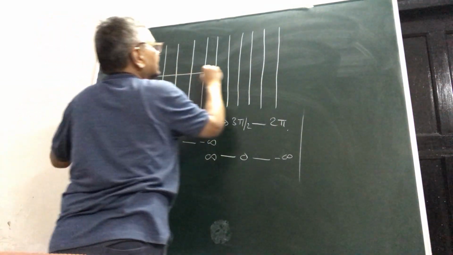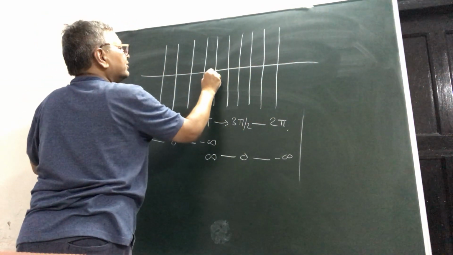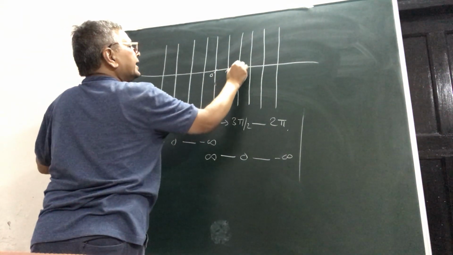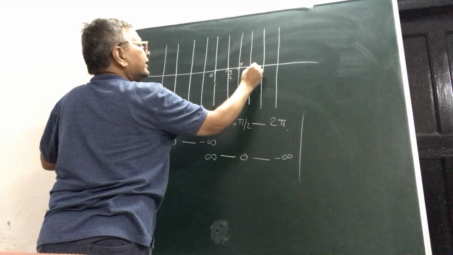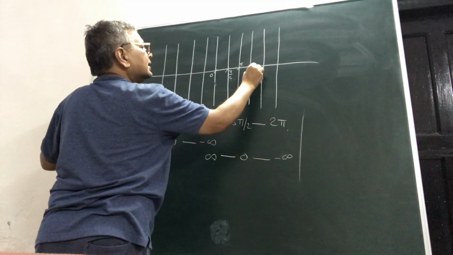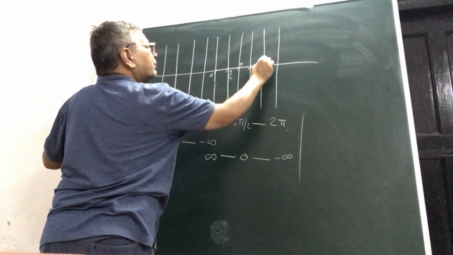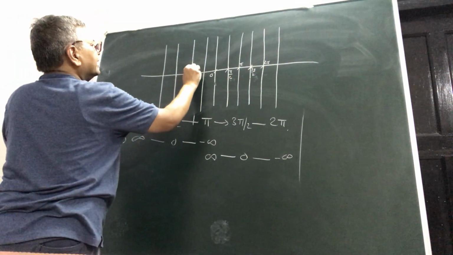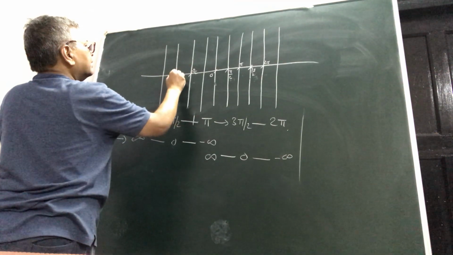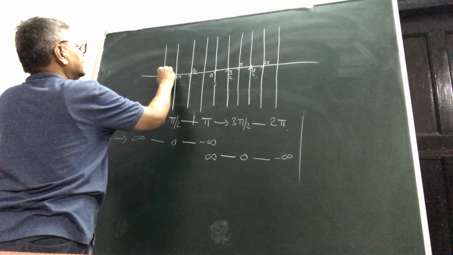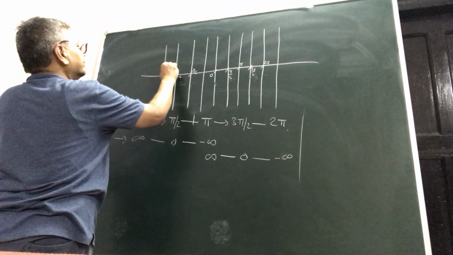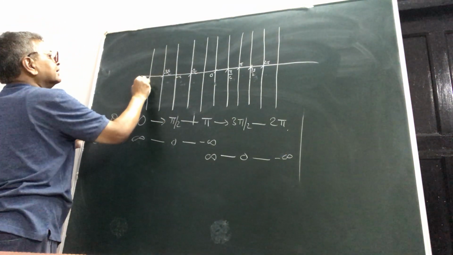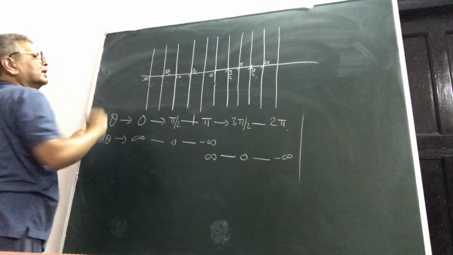Then mark 0, pi by 2, pi, 3 pi by 2, 2 pi, and then 5 pi by 2. On the left side, it is minus pi by 2, minus pi, minus 3 pi by 2, minus 2 pi and so on.